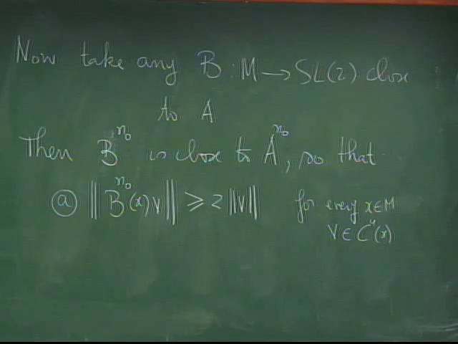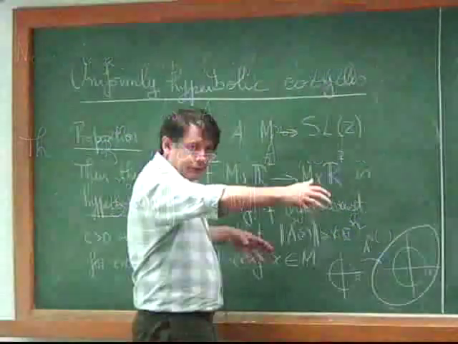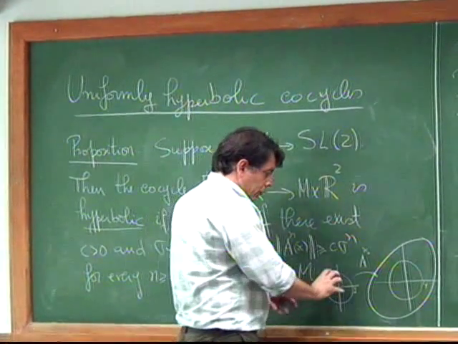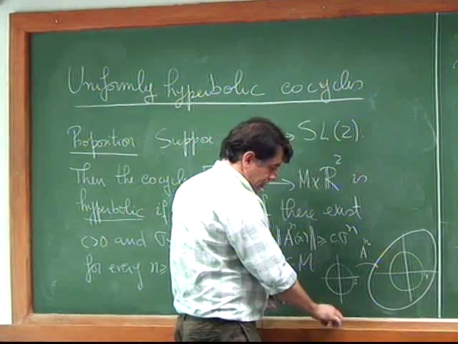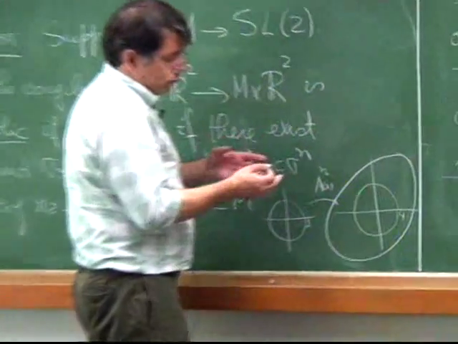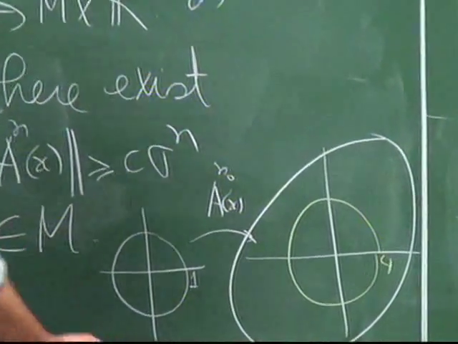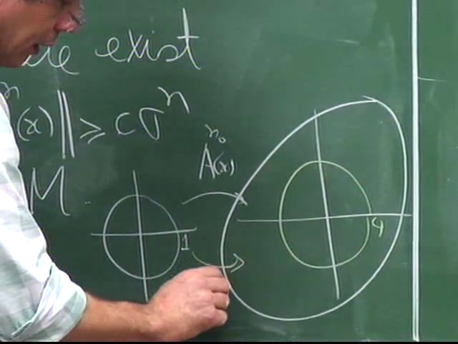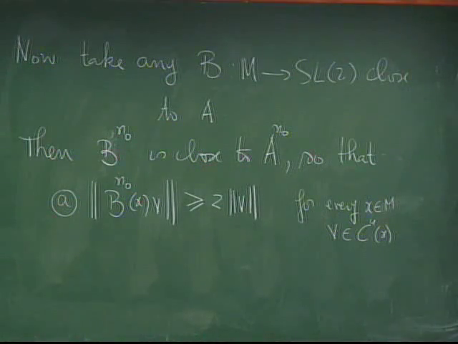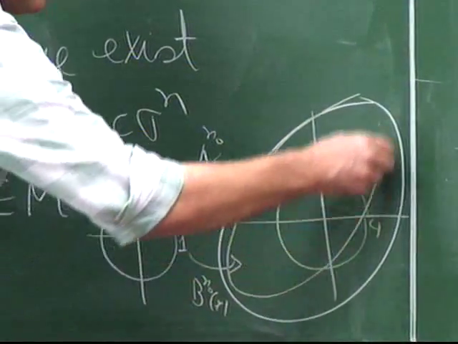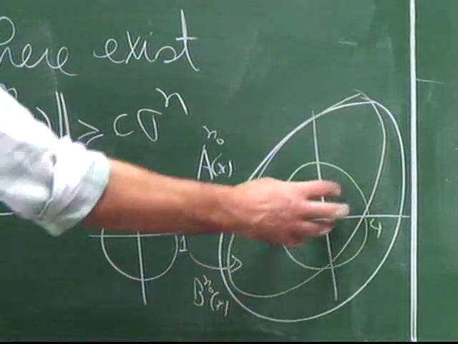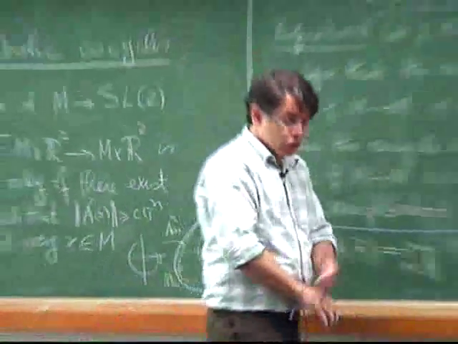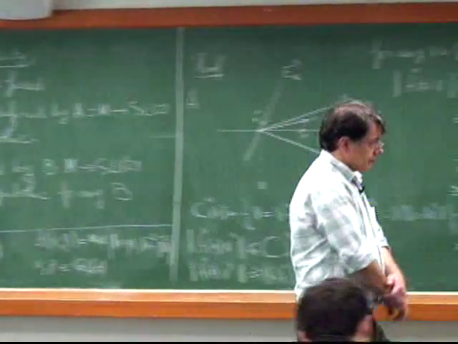What I know is that it's an ellipse that contains the circle of radius 4, because the expansion is bigger than 4. If instead of A_n0 I do B_n0, then I will get a different matrix, a different ellipse, maybe closer to the origin, but certainly not much closer to the origin. So I get at least a factor 2.